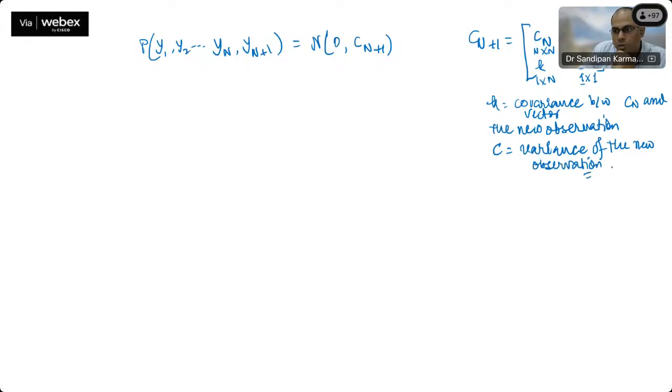One thing you should note is that Cn plus 1, the covariance matrix, is actually dependent only on x. Here no y will be involved. So you must remember that.